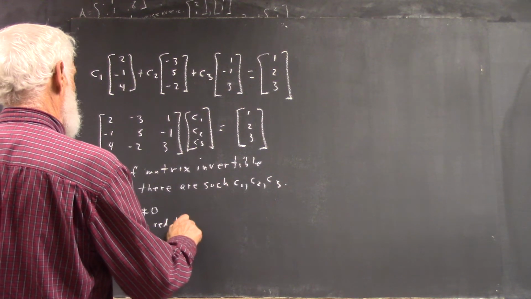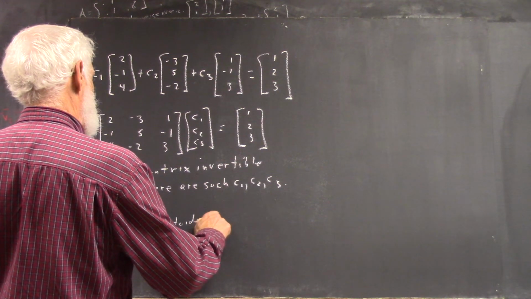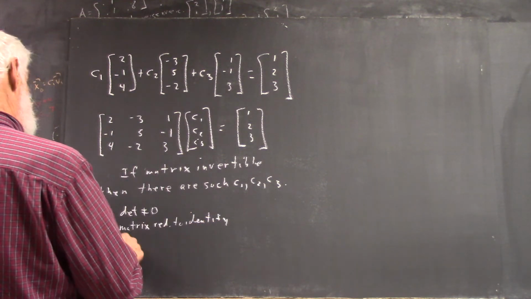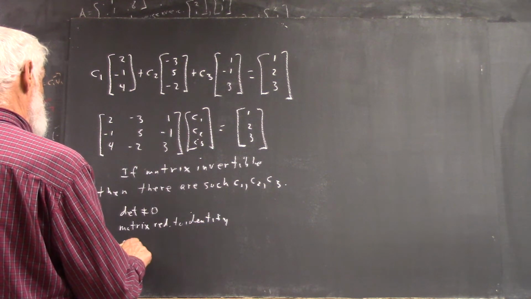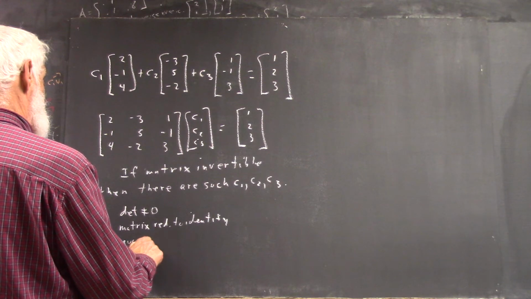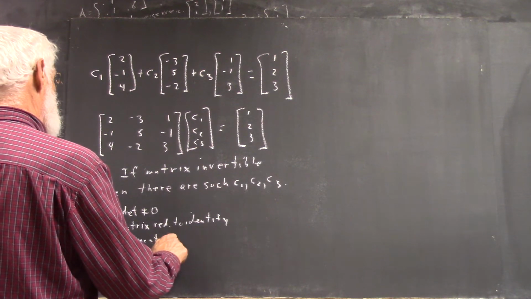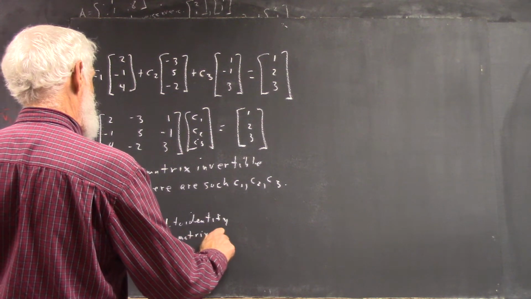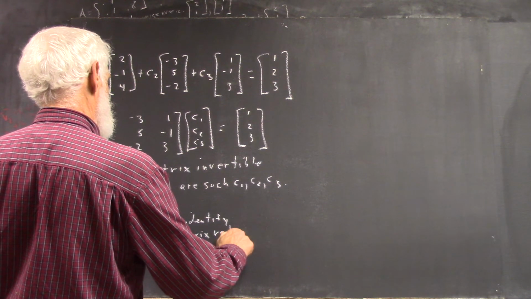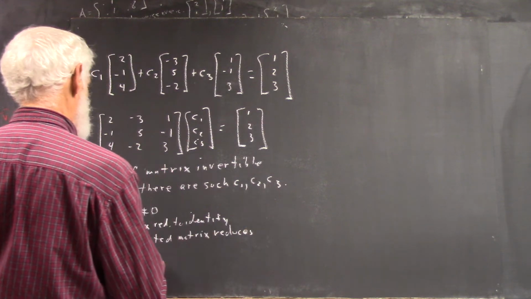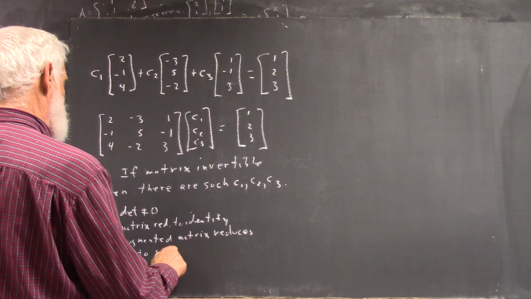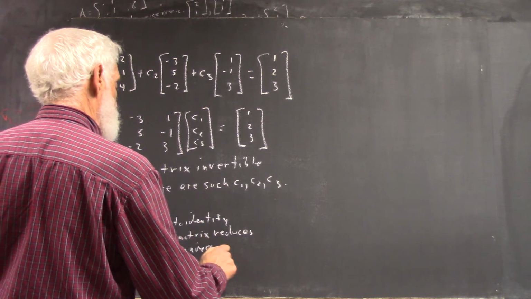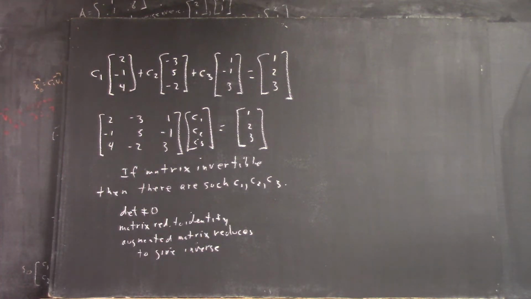The matrix reduces to the identity. Okay? The augmented matrix reduces to give the inverse matrix, right?